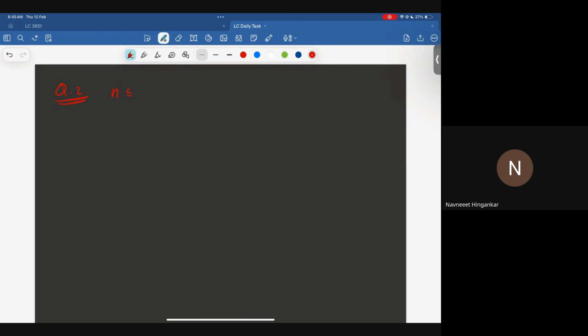N is 10 raised to 5, and instead of multiple characters A to Z, there are only 3 characters A, B, C, and all distinct characters in the substring must appear the same number of times. Again, it's the same thing.